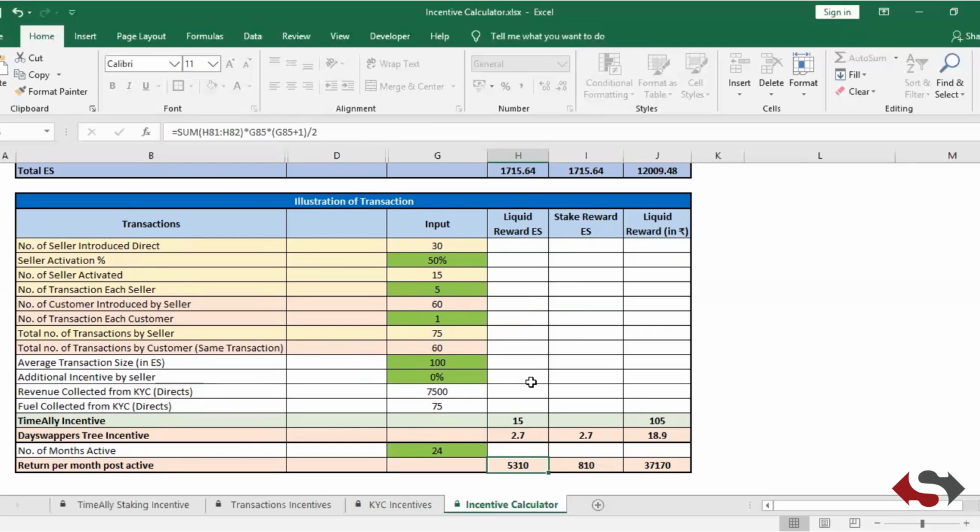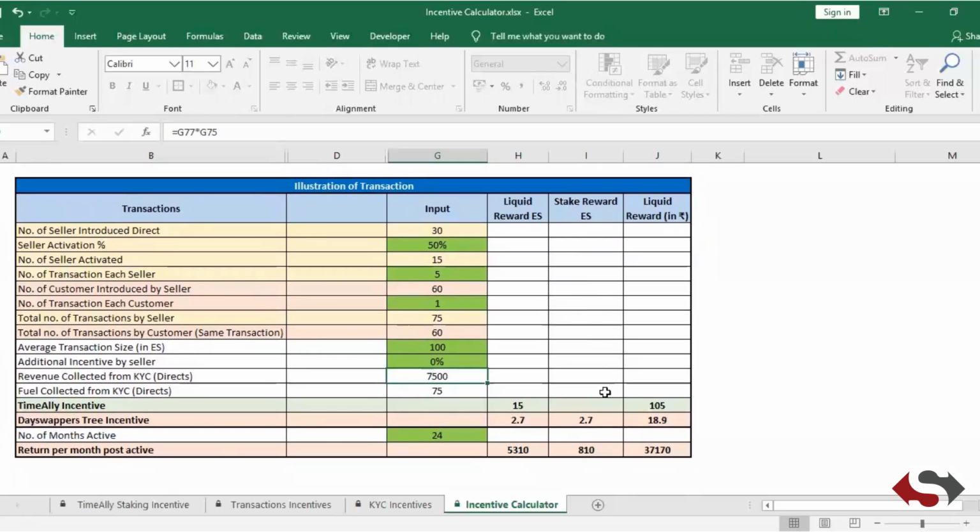This is the reward which you shall be receiving. Suppose my sellers have an average additional incentive of around 2%, I shall be getting quite a lot more reward than the normal reward. Right now I'm just considering 0%, irrespective of whether the sellers provide any additional incentive. So this is the reward which I shall be getting.